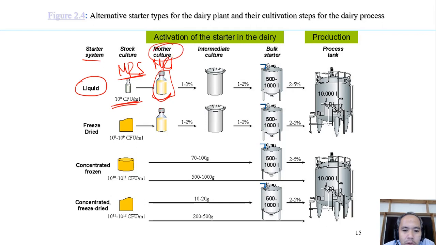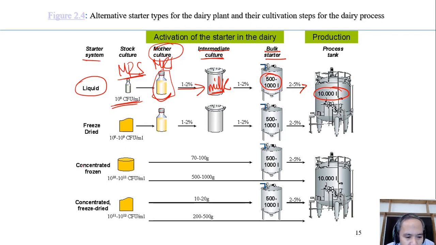You call it mother culture. Now you inoculate into milk. You use milk to grow them. We call it intermediate culture. And then we have bulk starter, like you do fermentation in one tank before you have enough to do fermentation for 20 tanks or 10 tanks, for example. Just many steps to have enough.